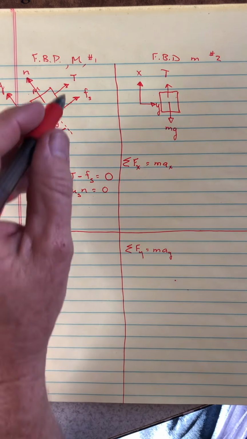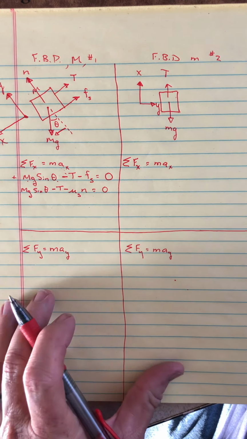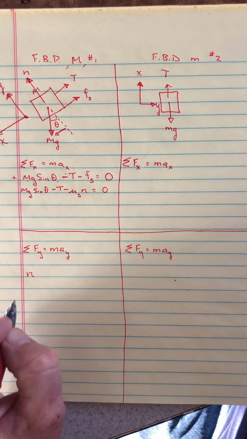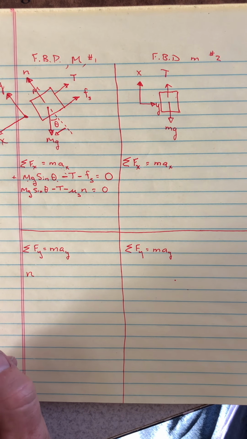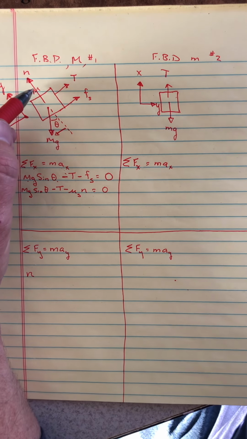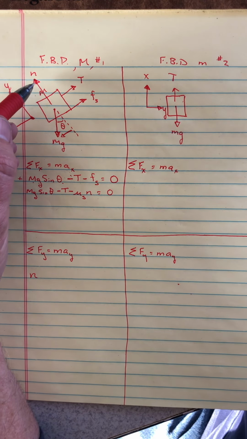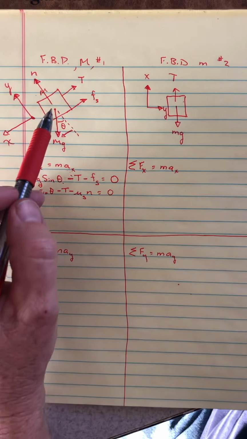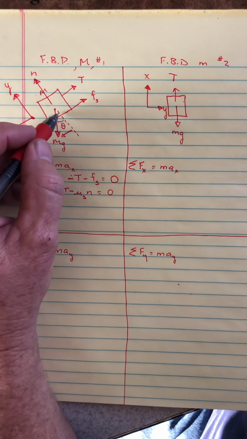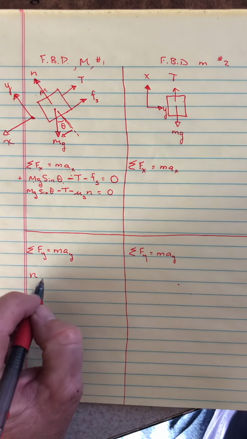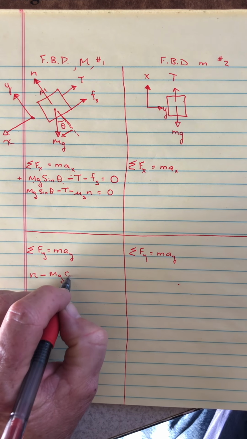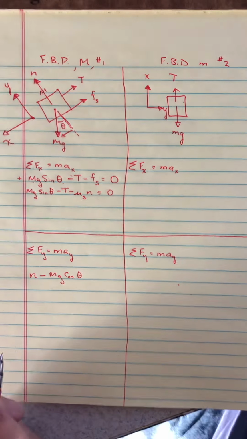As long as I'm working with block number 1, let me come down here in the y direction. Here I would have the normal force. That's this force here pushing up. Then I would also have this component of gravity right here, which would be in the negative y direction, and it would be mg cosine theta.